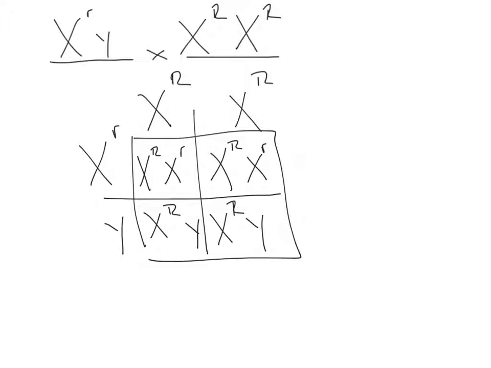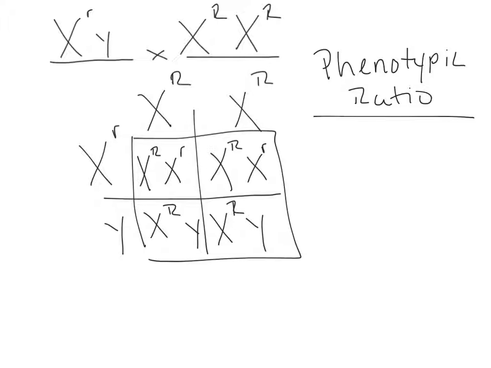Now we need to go back and answer what is asked. This question was asking for the phenotypic ratio of the offspring. So remember that the gender is part of your phenotype. In this case, we have 2 females, and they are both red-eyed. So 50% red-eyed females.